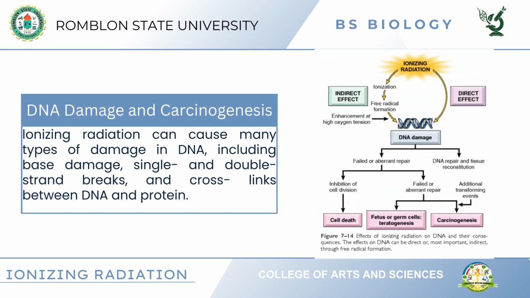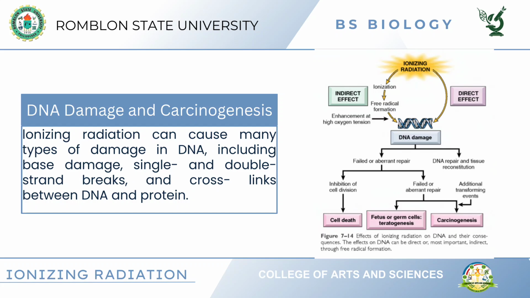there are two effects of ionizing radiation, the indirect and direct effects. For the direct effects, the ionizing radiation directly hits and breaks the DNA strand, which will result in immediate damage to the DNA itself. While for the indirect effect, the radiation can cause ionization of water molecules or other cellular molecules, which create free radicals.